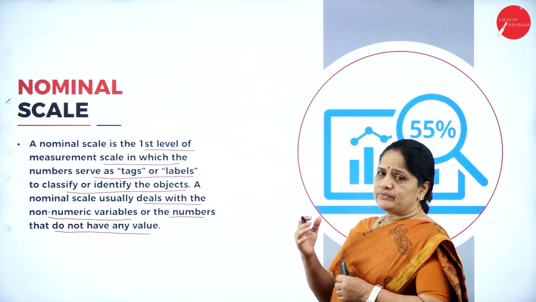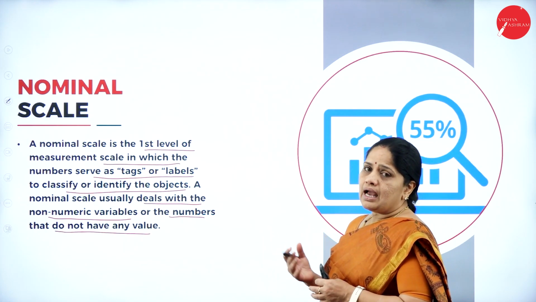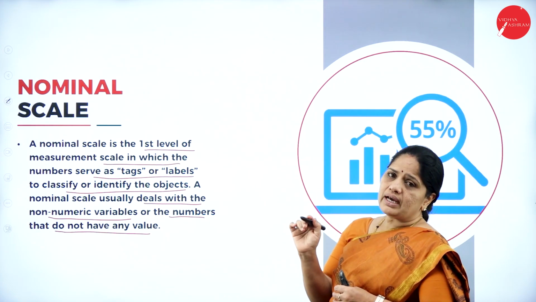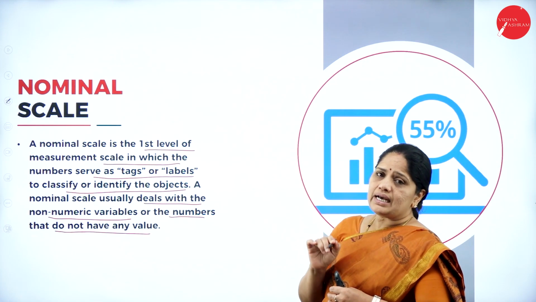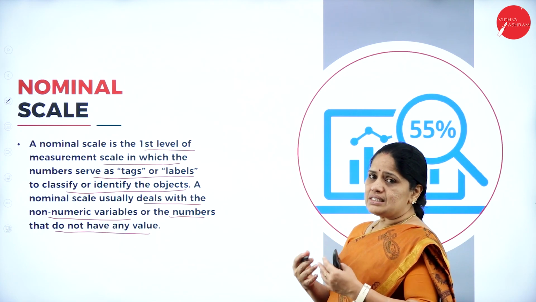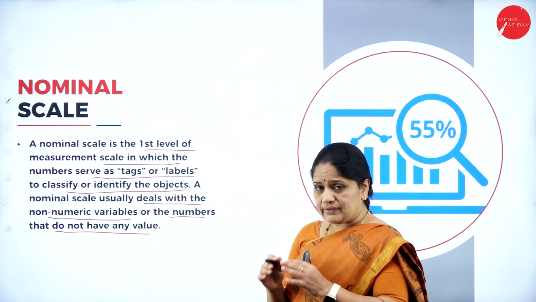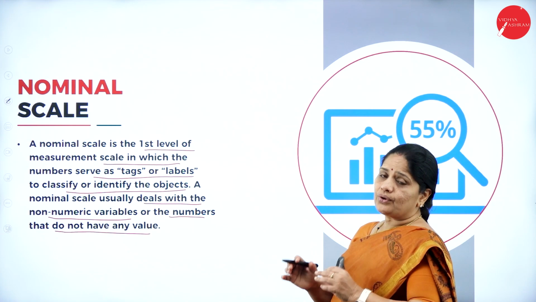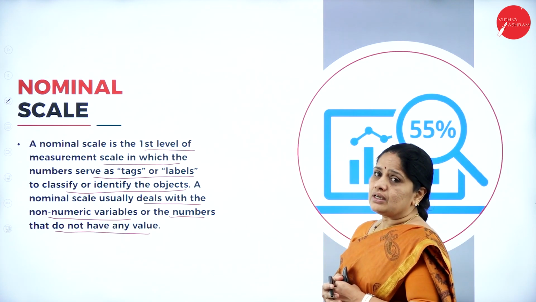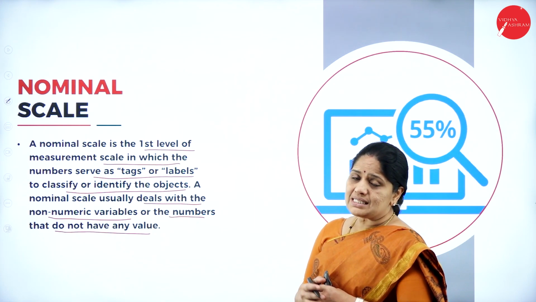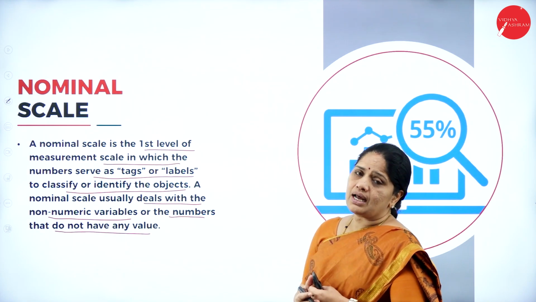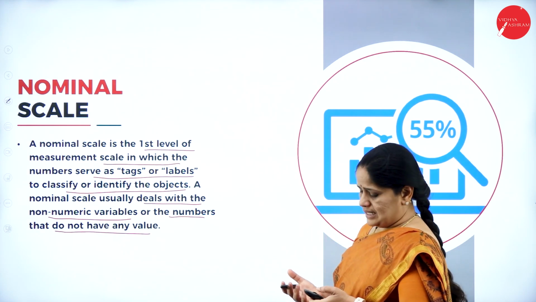For example, you have 1, 2, 3 or 4 options, and the numbers don't have value, but they are just used as numbers for the purpose of the answer. So if you answer 4, it means that whatever is mentioned in option 4 becomes the answer to that particular question. So these numbers are used as just tags. They don't carry any value. Such numbers we call the nominal scale.